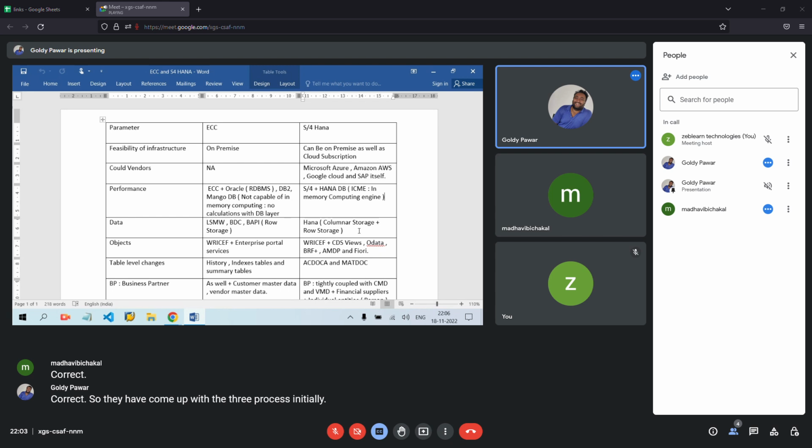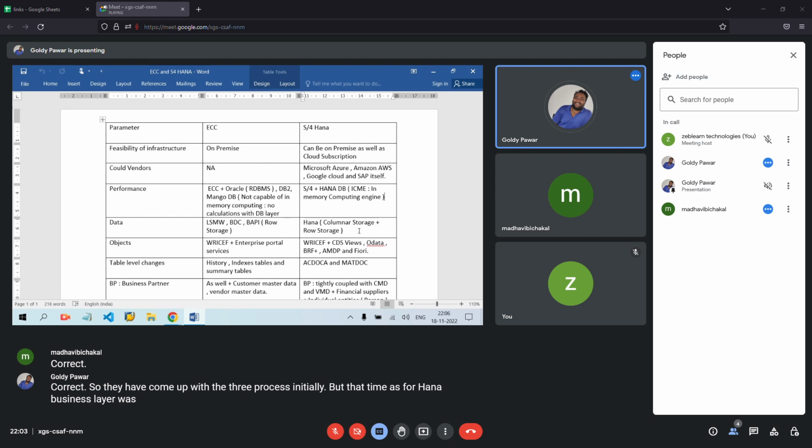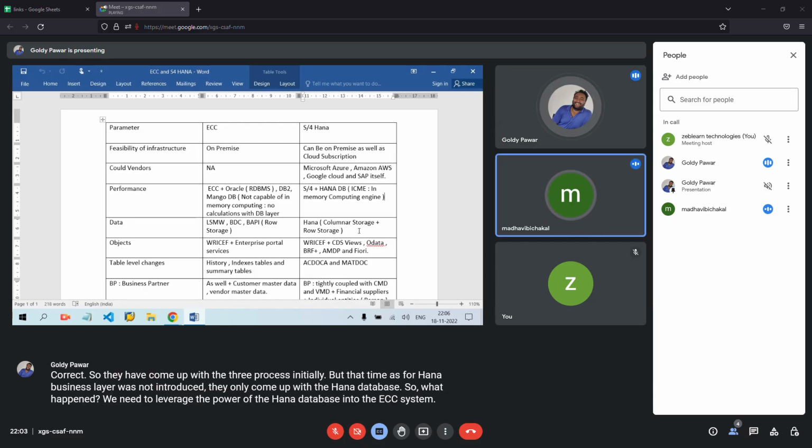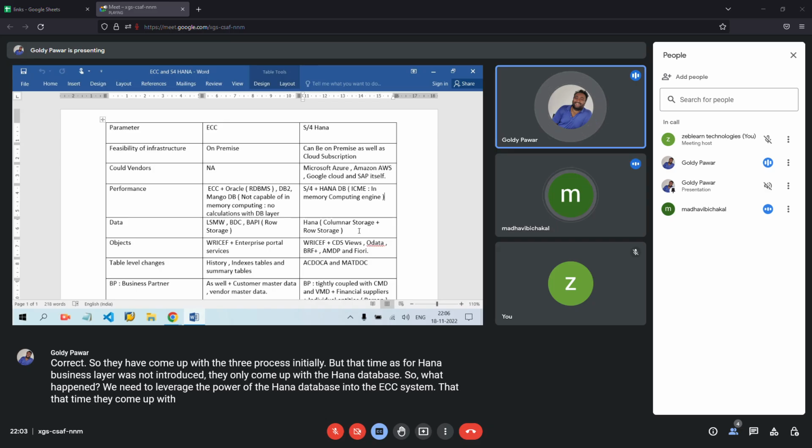Initially, the S/4HANA business layer was not introduced. They only came up with the HANA database. So we needed to leverage the power of the HANA database in the ECC system. At that time they came up with external database procedures, EDP.